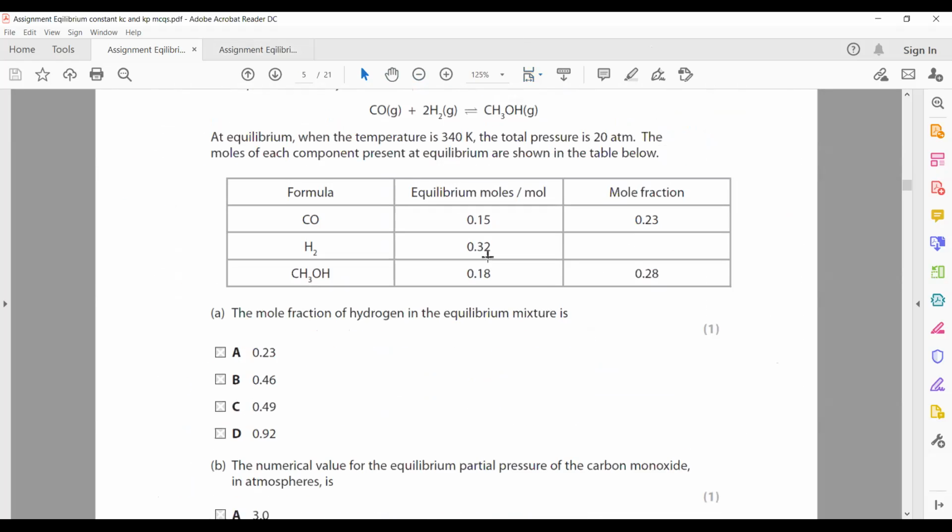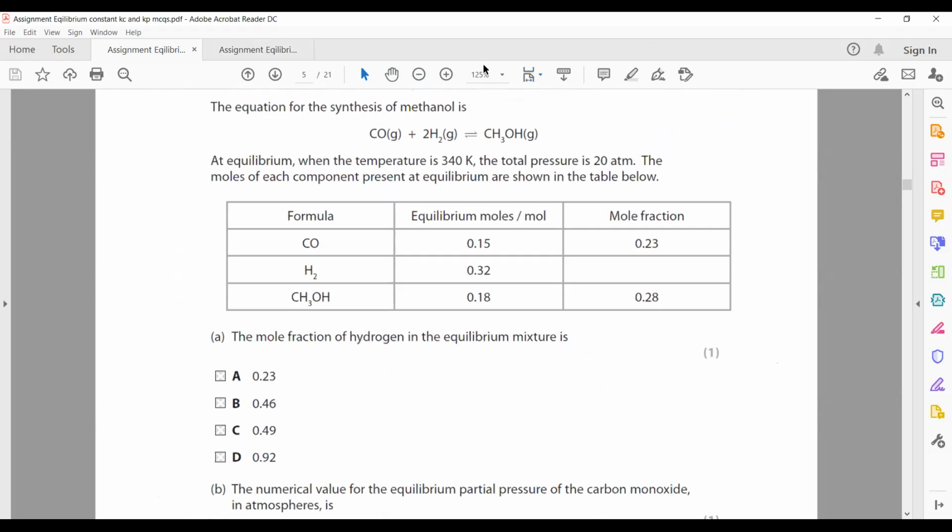Then at equilibrium, when the temperature is 340, the total pressure is 20 atm. The moles of each component present at equilibrium are shown in the table. You have moles at equilibrium, 0.515 moles, 0.23 moles, and mole fraction. How do we get the mole fraction of hydrogen? It's the number of moles of hydrogen divided by the total number of moles.